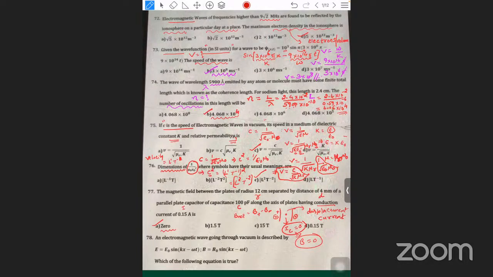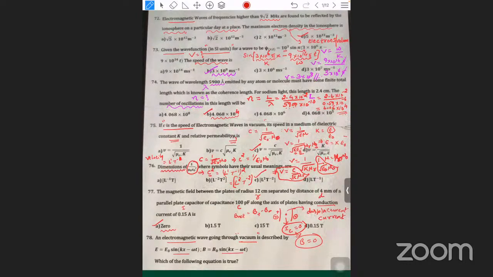Coming to this, they have given two equations in vacuum. Vacuum means absence of air. In that vacuum, the electric field is given by E = E naught sin(kx - omega t), and B = B naught sin(kx - omega t). Both are in the same phase.